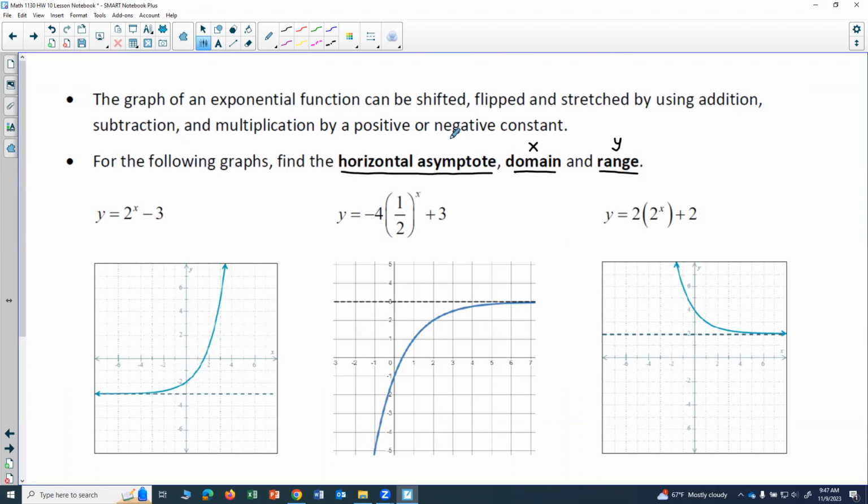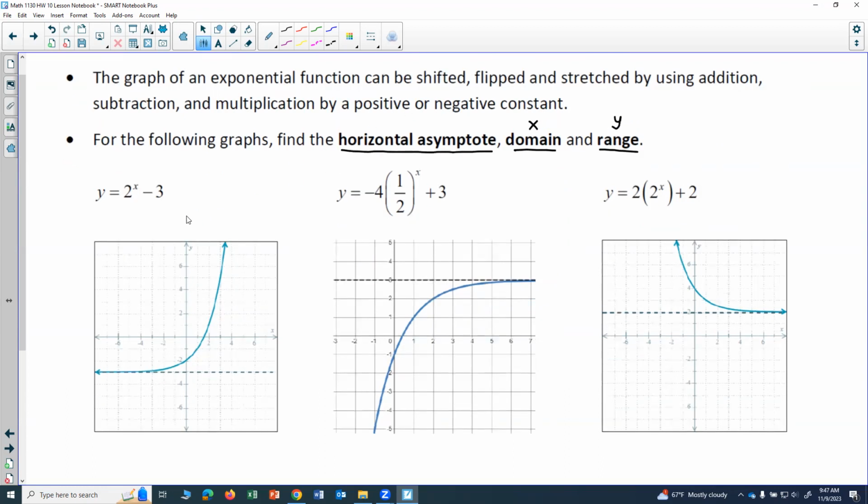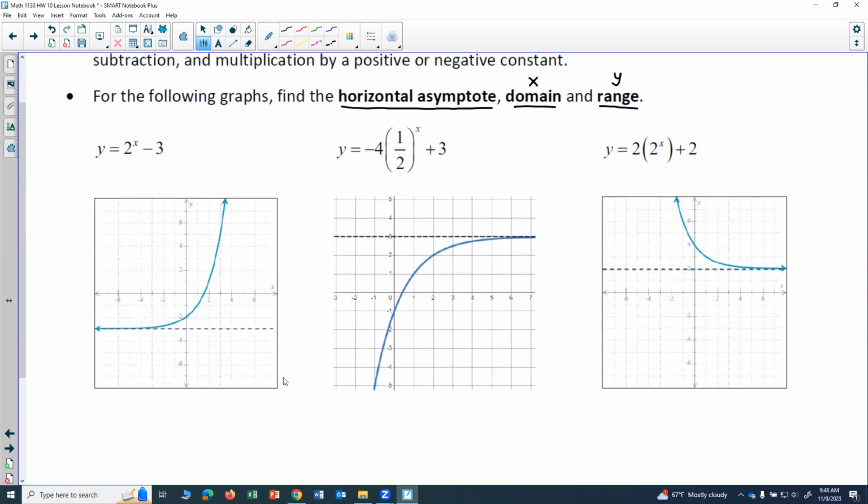So let's start with this first one, y equals 2 to the x minus 3. We're given the graph, and we just have to find the domain, range, and horizontal asymptote. So we can see visually on the graph that the horizontal asymptote happens at y equals -3. So I'm going to go ahead and write that down here.